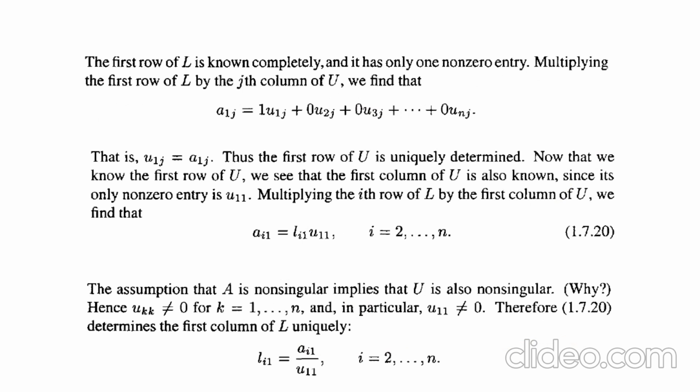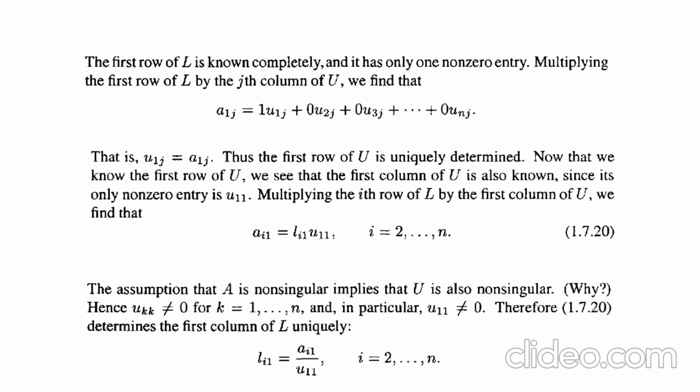The first row of L is known completely because there is only one entry which is unity, I mean that's 1. All other entries are 0. And it has only one non-zero entry.